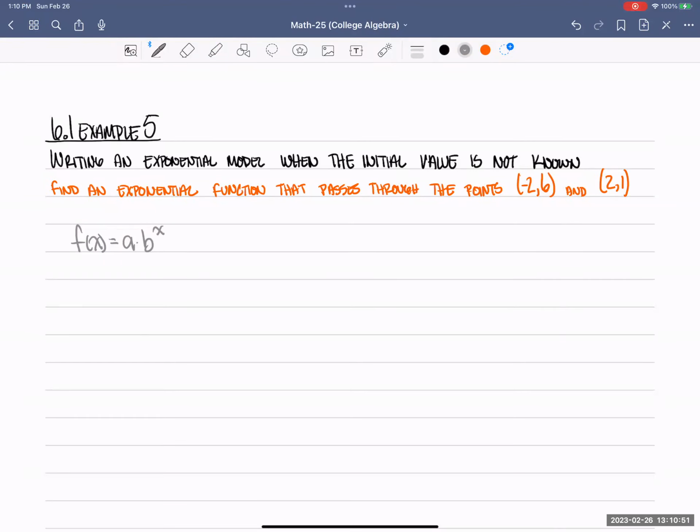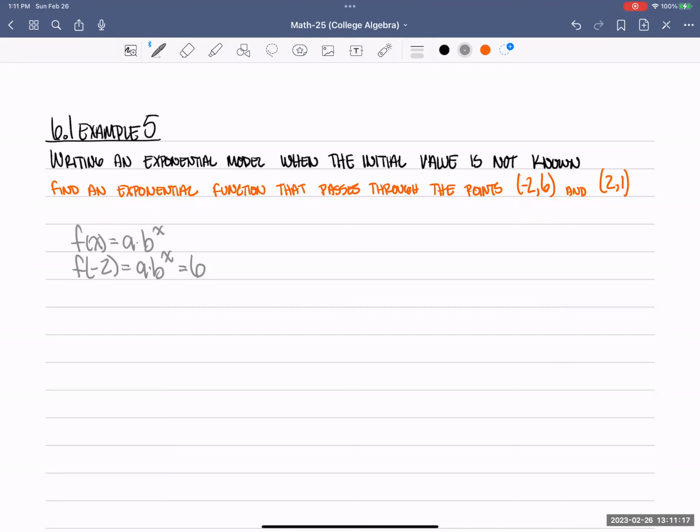And we have these 2 points. So let's find an equivalence for right now and see what we could do. For the point (-2, 6), when we input -2, we output 6. So f(-2) = a times b to the power -2, and that's equal to 6.